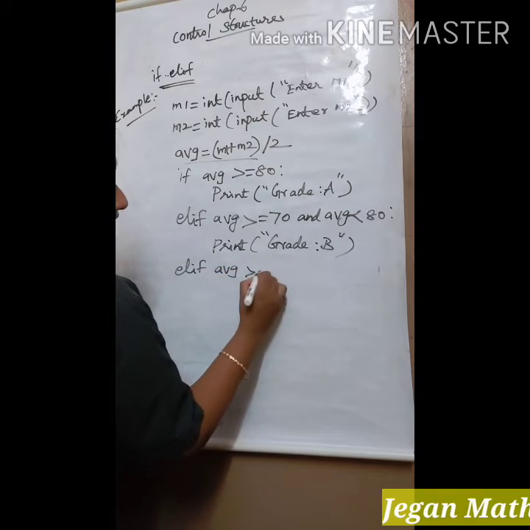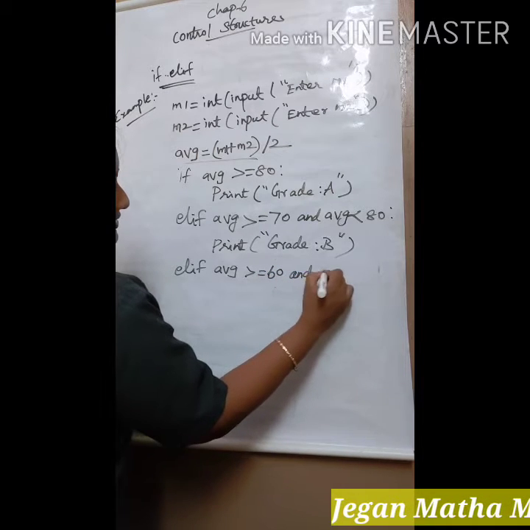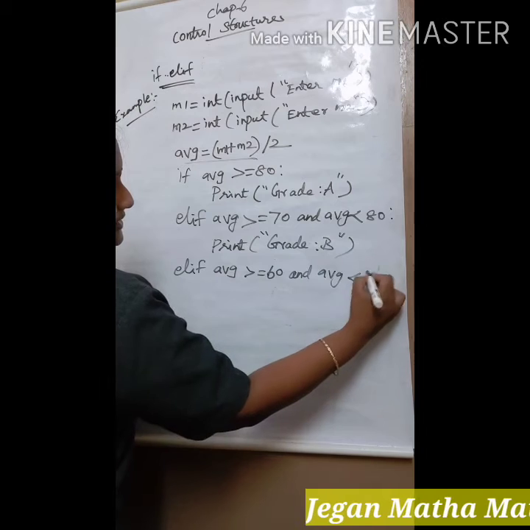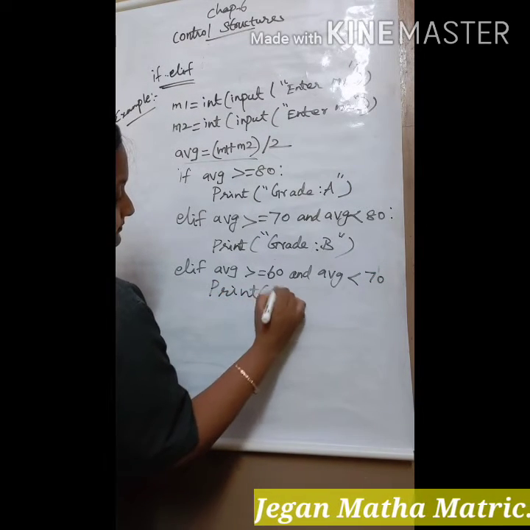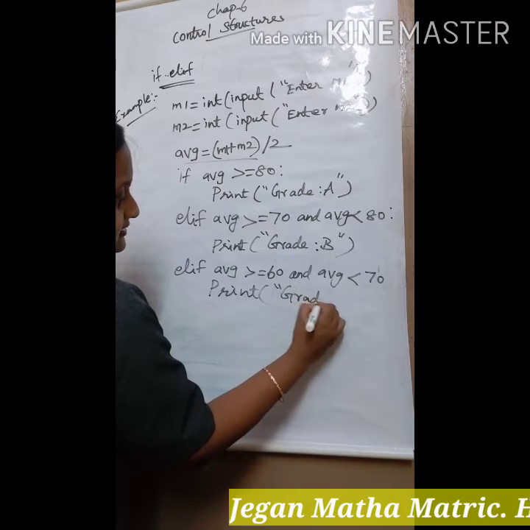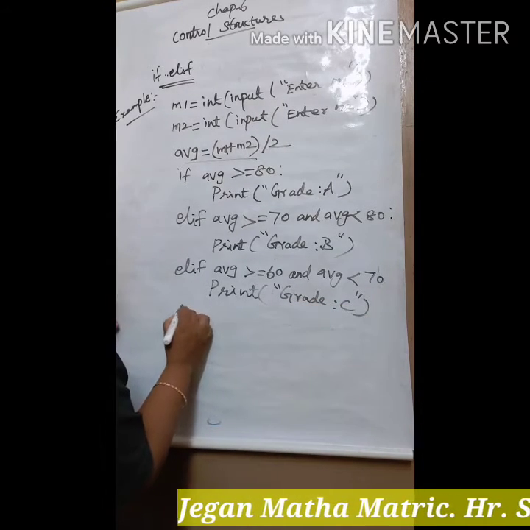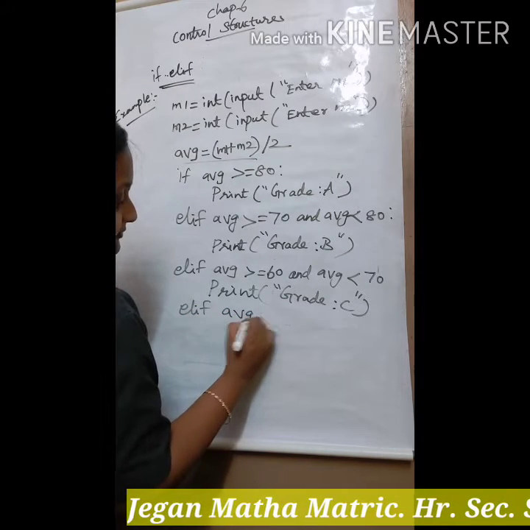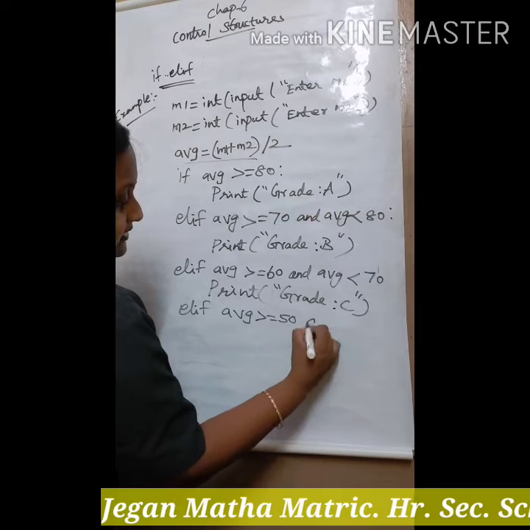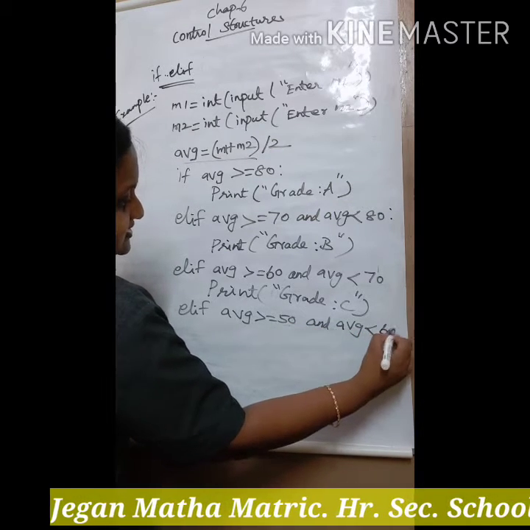Average greater than or equal to 60 and average less than 70. Again it prints grade C. Next, the last elif: average greater than or equal to 50 and average less than 60.